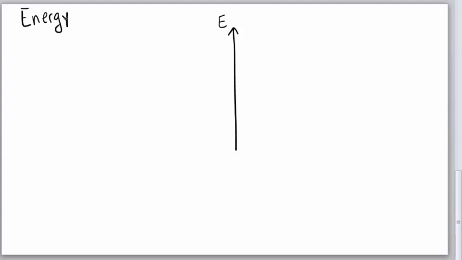Let's draw displacement on the x-axis. And let's say this is 0, or our neutral spring position. Negative a here is the most negative displacement that the spring is going to experience. Positive a here is going to be the most displacement that the spring is going to experience.